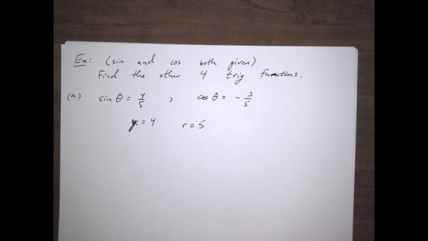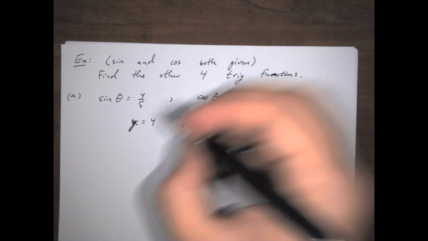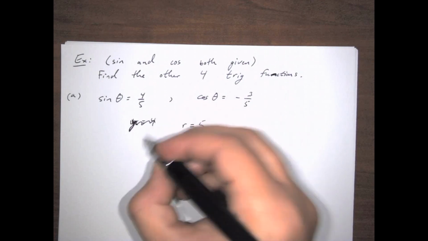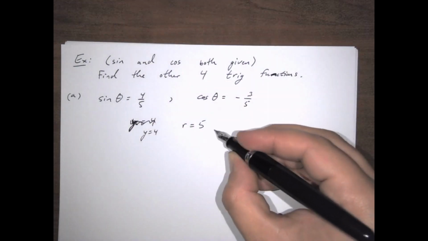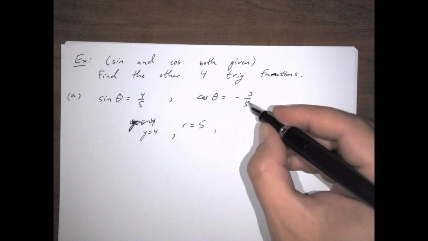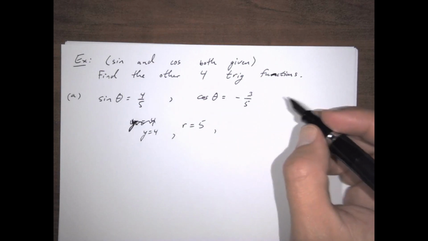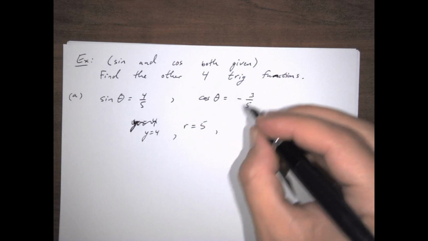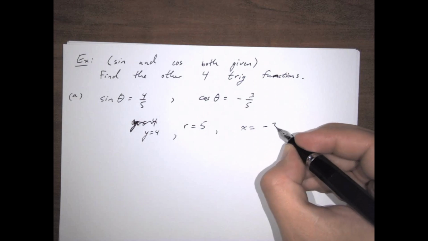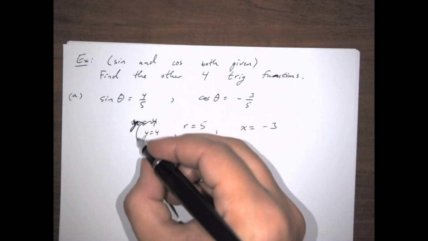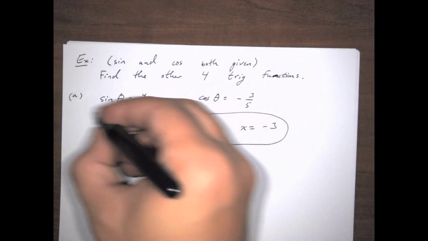So sine is y over r. So y equals 4, r equals 5. And here, cosine. We can't ever make the r negative. So the x might be negative though, and x equals negative 3. So these would be some convenient values that we could choose.